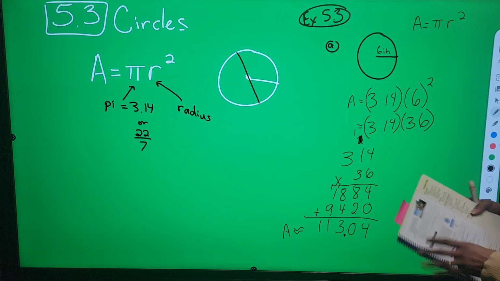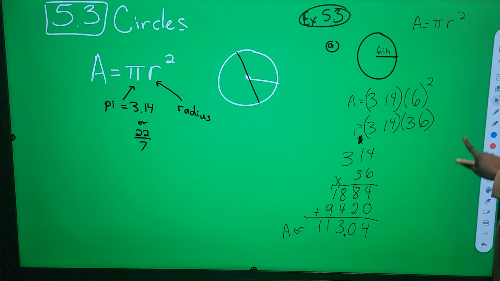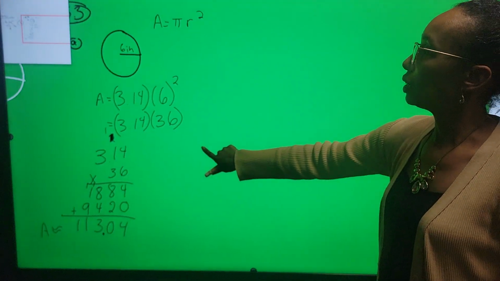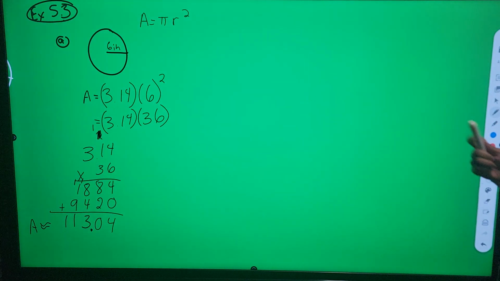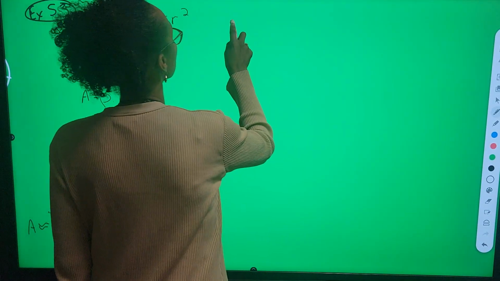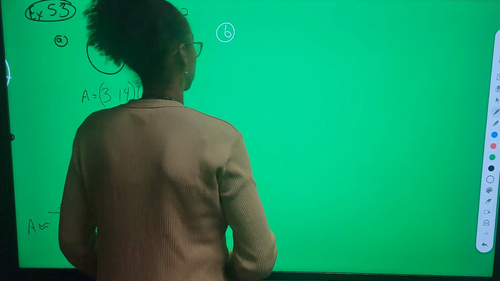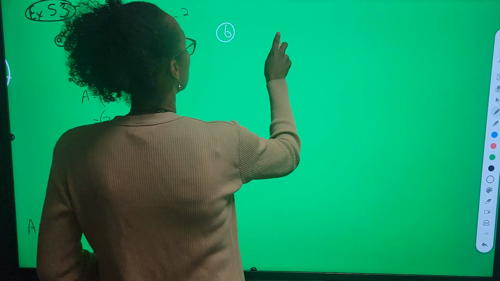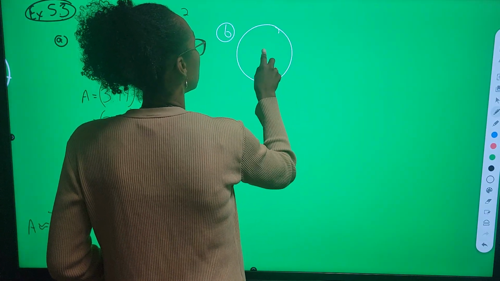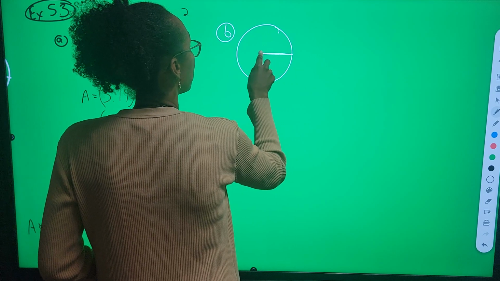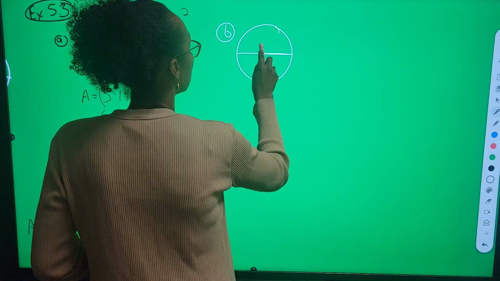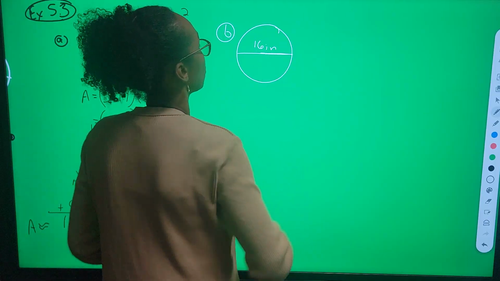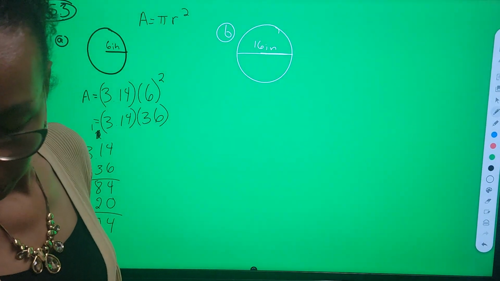The second example, letter B. Same thing. It's just instead of giving us a radius, they've given us a diameter. So the circle, like I said, they gave us the diameter, goes all the way across with 16 inches.